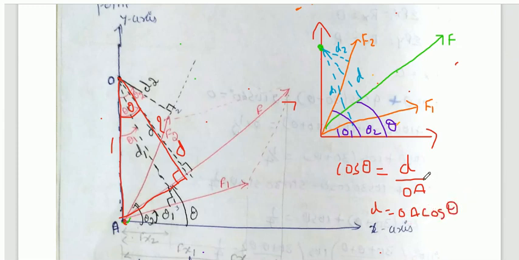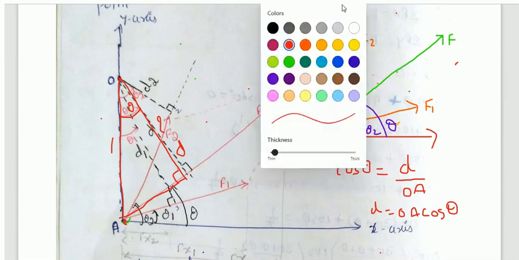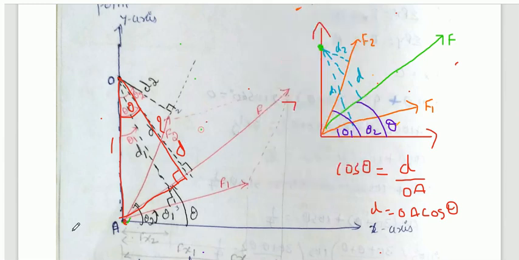Similarly, you need to find D1 and D2. Now I will highlight with different colors. Try to understand. In order to find D1, you need to consider this triangle. The hypotenuse is the same. This is 90 degrees, and this angle is theta 1.